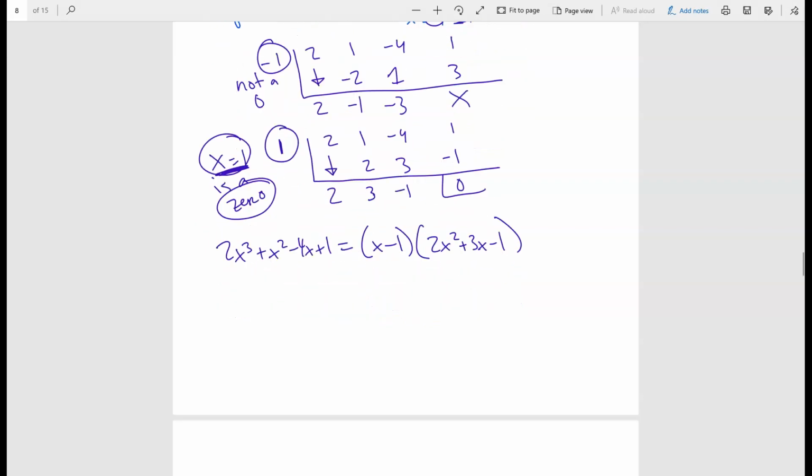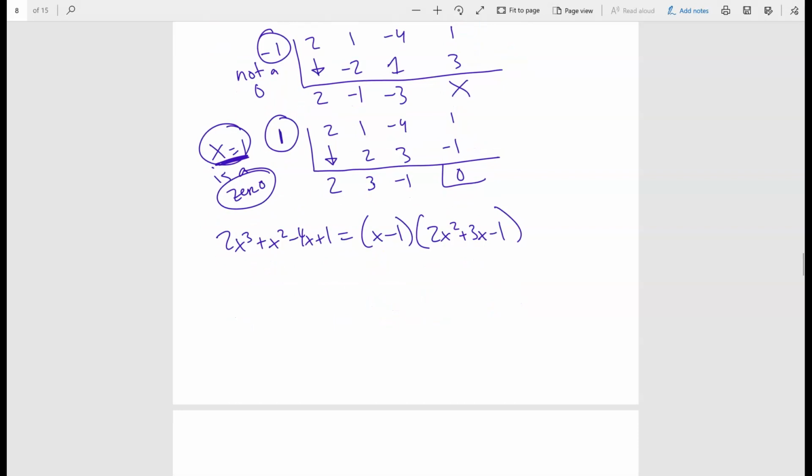And then what we can do is we can try to factor this guy to figure out the rest of the zeros. And if you can't factor this guy, well, guess what? Then you're going to have to do the rational zero test for this guy, find the rational zeros, and then do it over and over and over again.